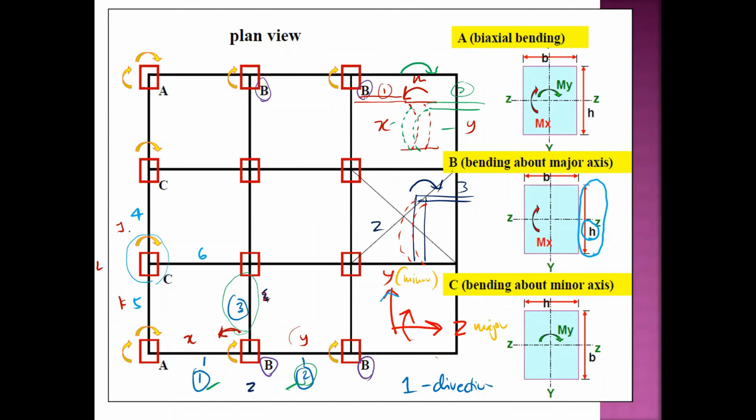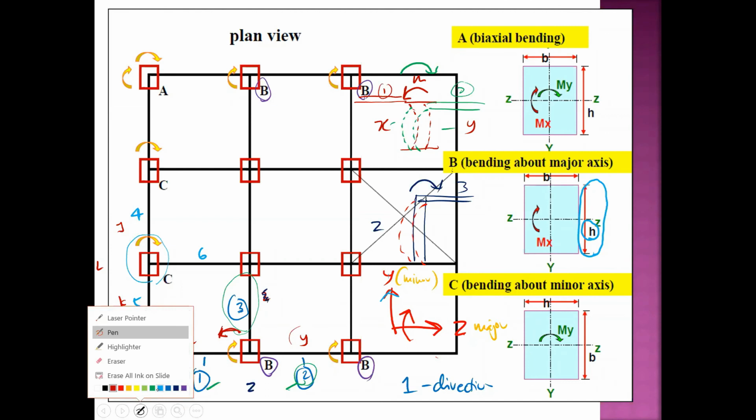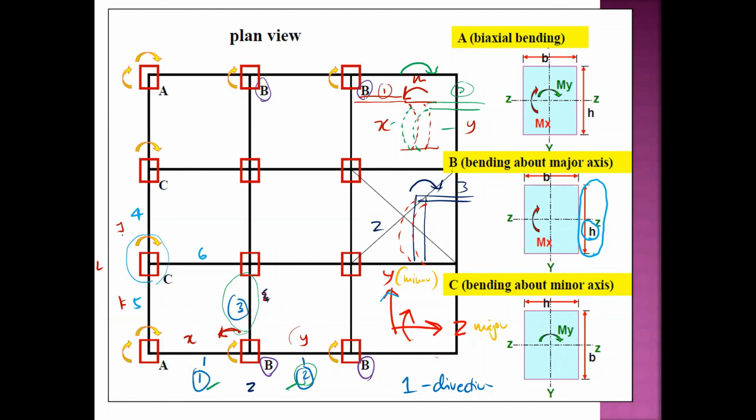The bending towards J and towards K is cancelled out, because the loading and the span of beam number 4 and number 5 are quite similar. However, the bending towards L occurs.